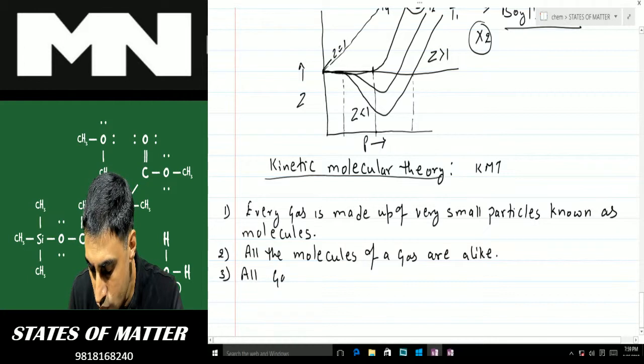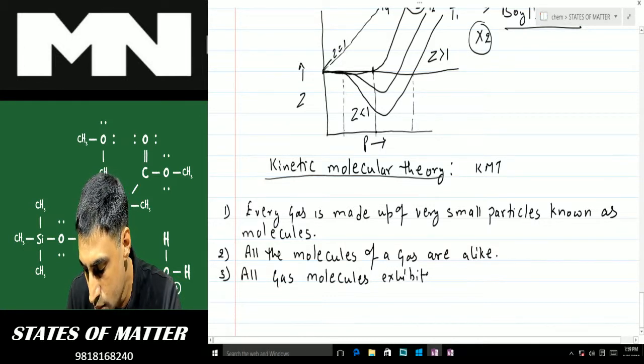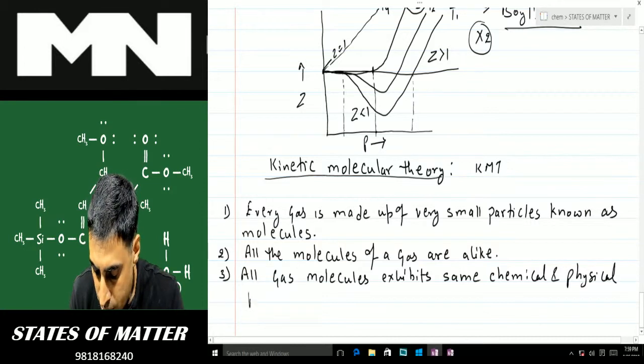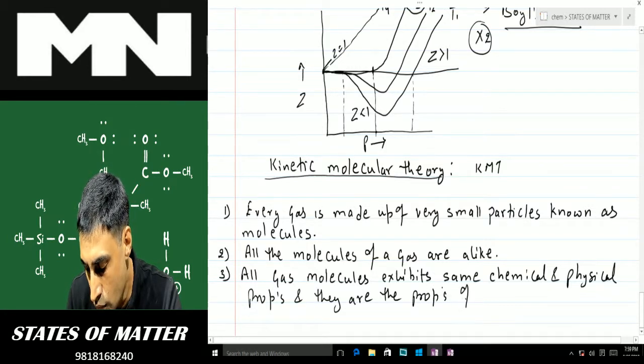All gas molecules exhibit the same chemical and physical properties, and they are the properties of the gas.